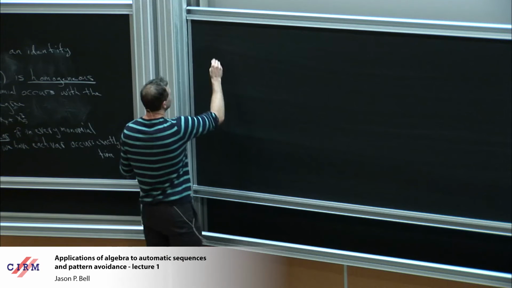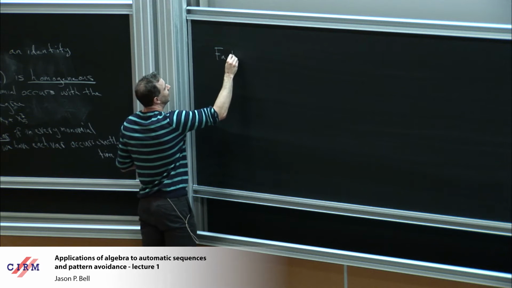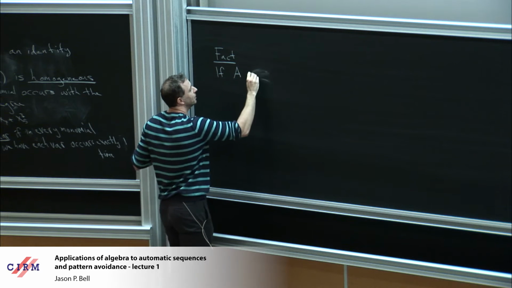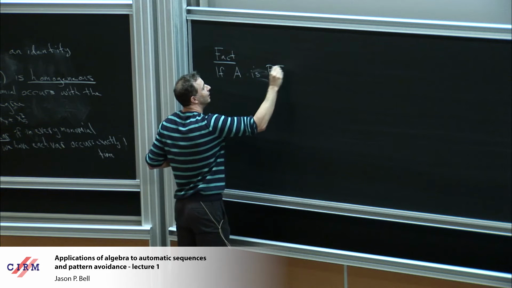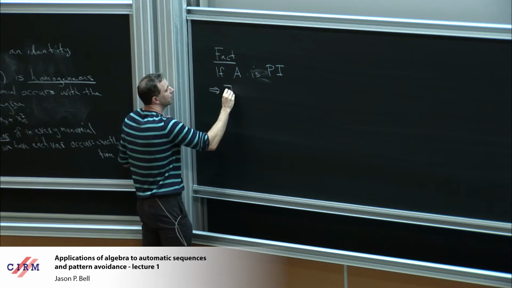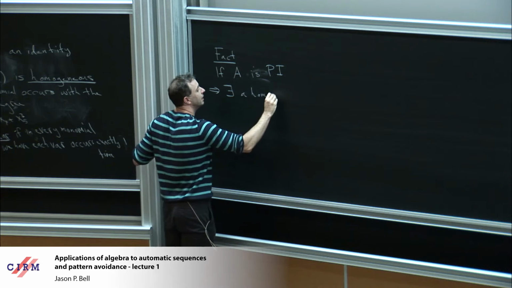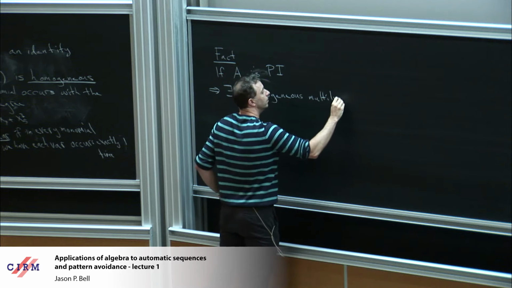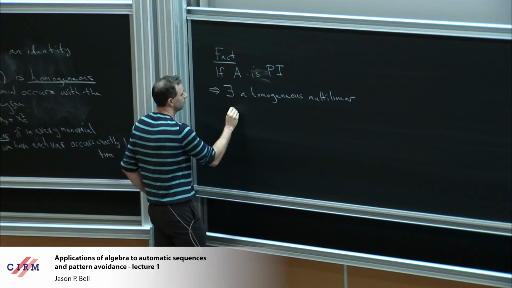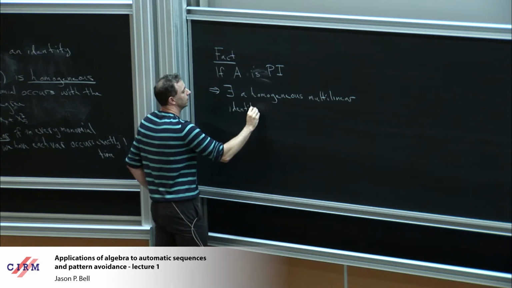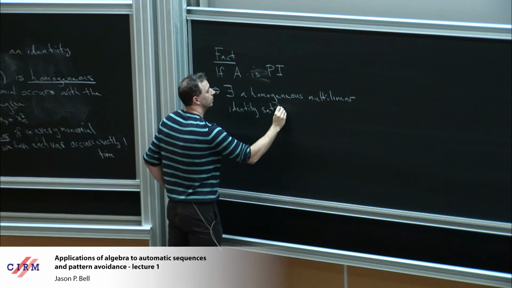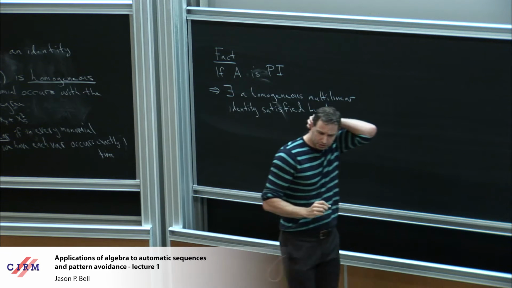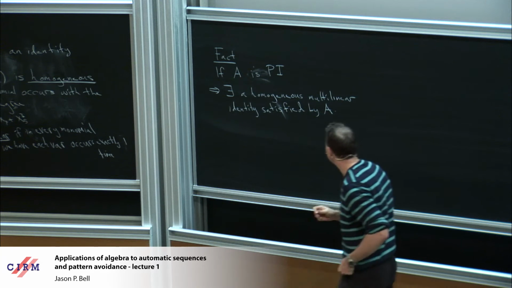So fact, if A is PI, well, that implies there exists a homogeneous multilinear identity. So that's just one of these facts that's not so hard to show.